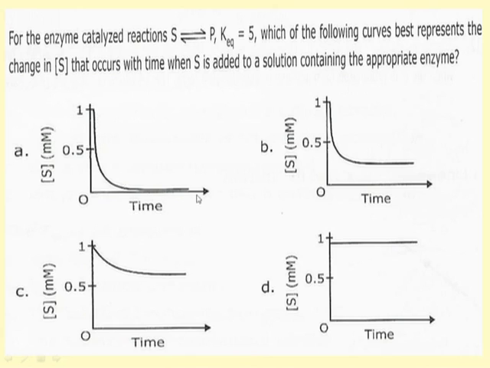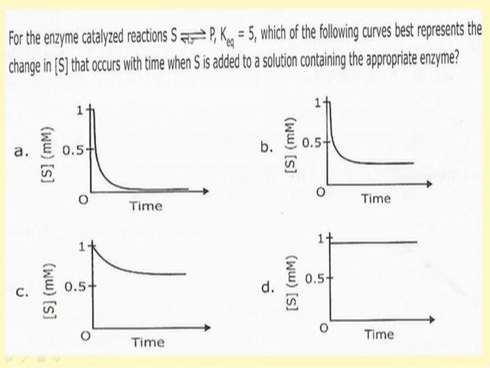We see in all these plots that upon incubation, at a certain point, a plateau is reached and there is no further change in the concentration of the substrate. This suggests that equilibrium has probably been reached at this time. Three of these graphs are similar except for option D, which suggests that there is no change in the concentration of the substrate with time.